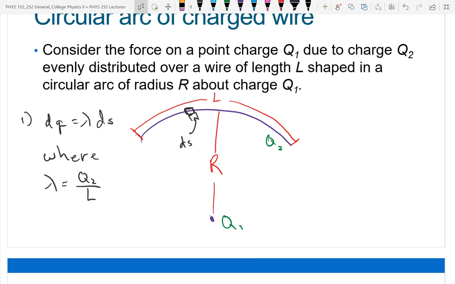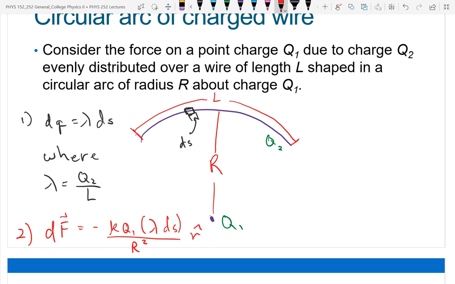And so that means my dF, and I'll write this down, has only one variable in it, right? ds. Oh, forgot one thing. r hat.